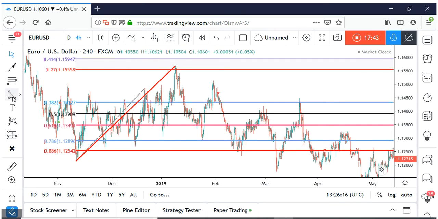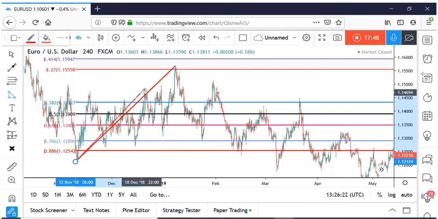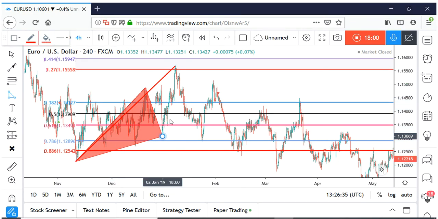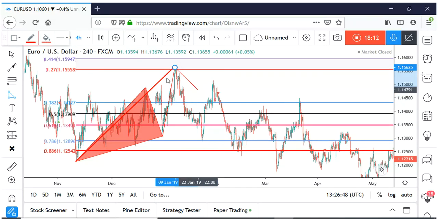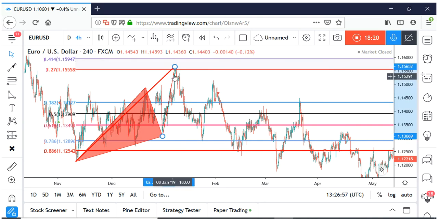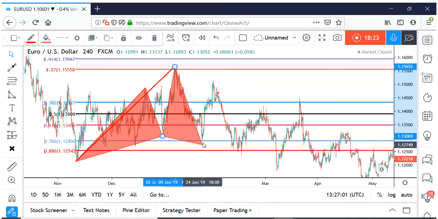So let's get the triangle and measure it. That's our X to A, and then B, and then the C leg, and then our D leg.